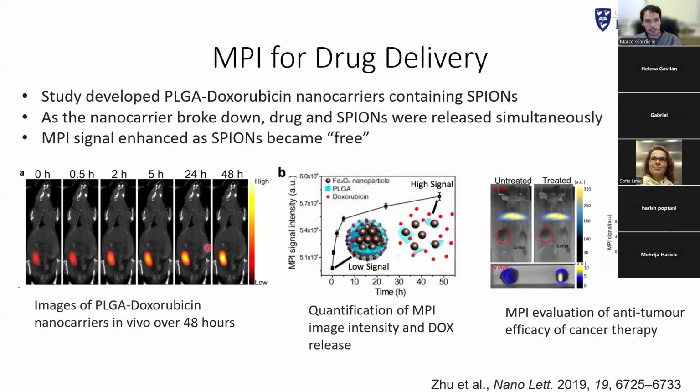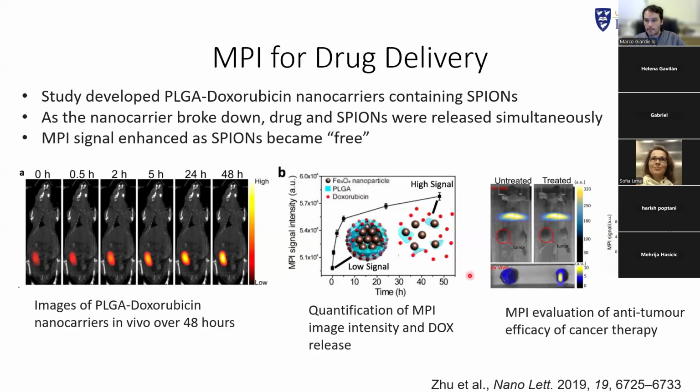This is one of my favorite papers, because it's quite similar to my research. In this one, they're using MPI to monitor drug delivery. They made a composite particle where iron oxides and drug were buried inside the composite. As the composite arrived in the tumor, the PLGA polymers broke down, the drug became free, and the signal of the particles changed, because the iron oxides escaped.